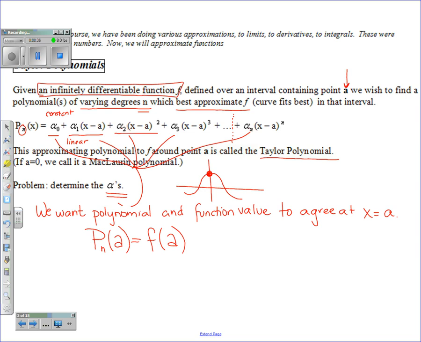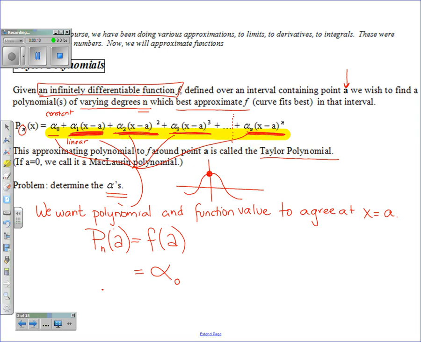Now, what is p sub n of a? Well, if we put a into this polynomial up here, p sub n of a is going to equal alpha naught, because all of these terms right here are going to zero out if we stick a into our polynomial.